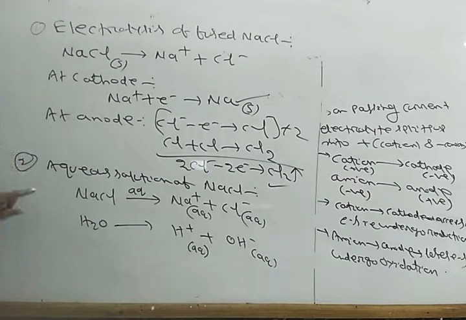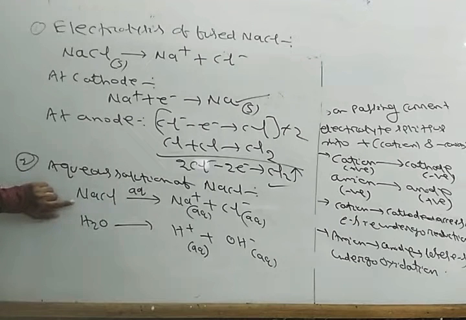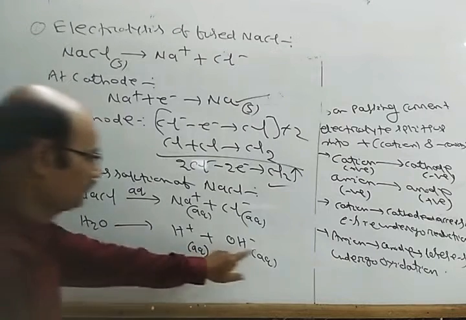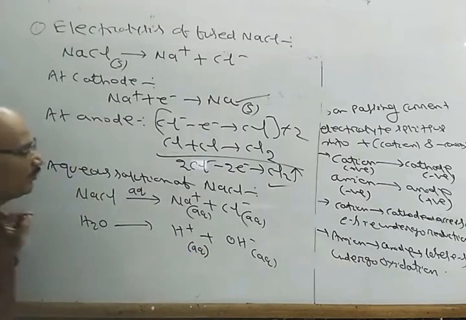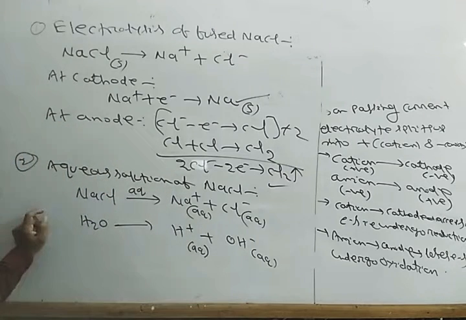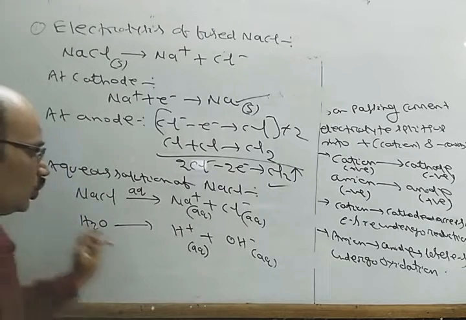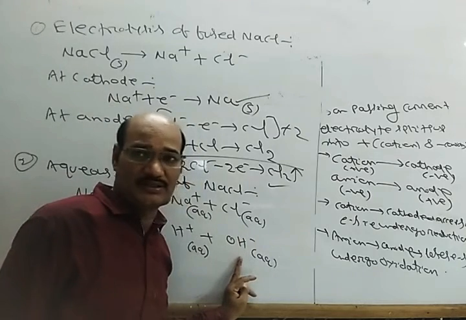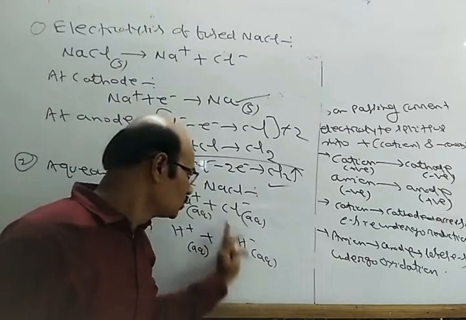So here you see, from the NaCl we have Na plus and Cl minus, and again from the H2O we have H plus and OH minus. Now two cations are there, Na plus and H plus, and two anions are there, Cl minus and OH minus.